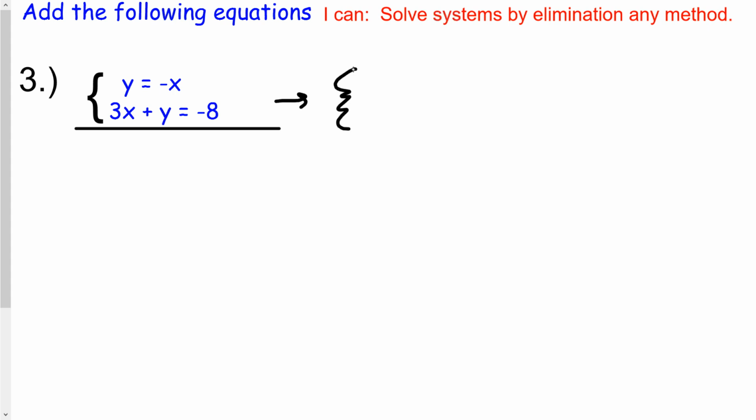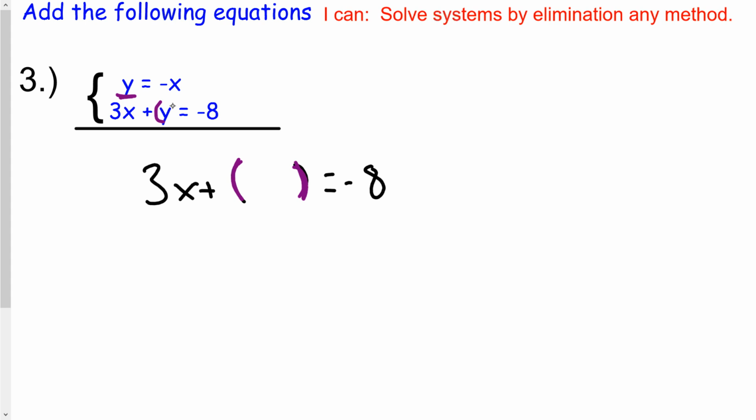Ooh, that is an awful funky chicken bracket there. Let's try it again. There we go. Instead of using a system by elimination and getting this into standard form by adding x to both sides, we could do that, but let's try substitution. y equals negative x, so I'm going to use my second equation, 3x plus y equals negative 8, but I know what y equals. y equals a negative x.